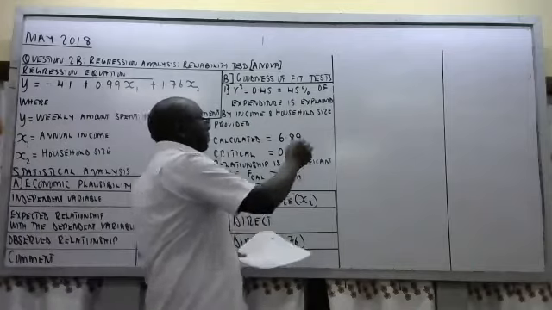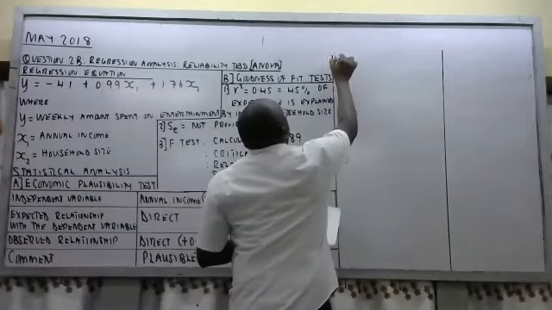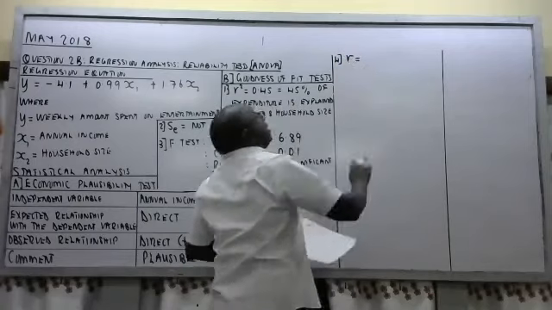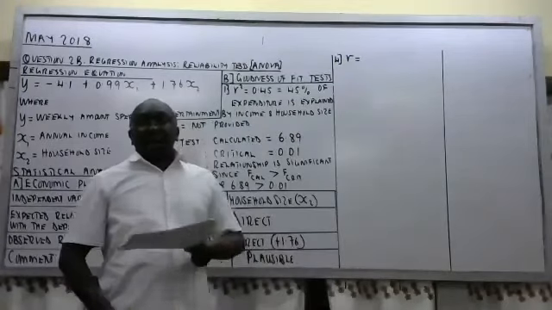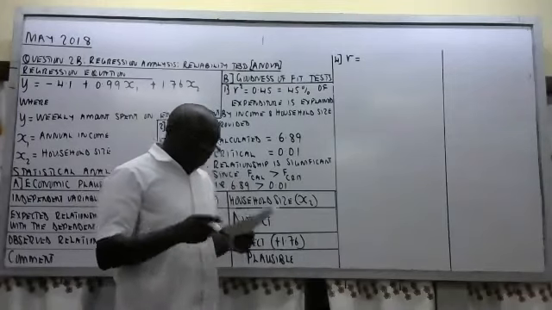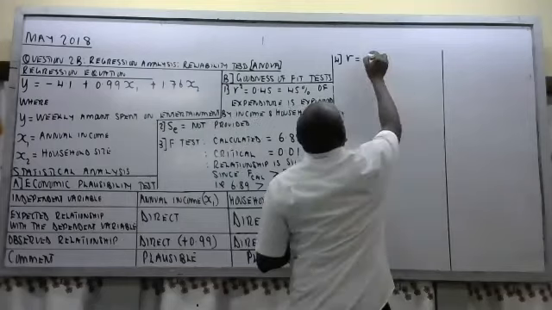Number four we know is R, the multiple R, the correlation coefficient. You can see multiple R, we are given 0.67.